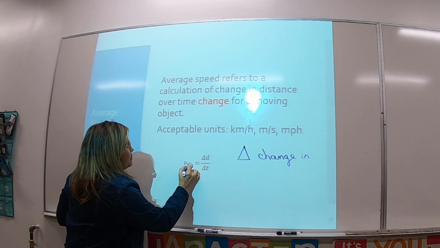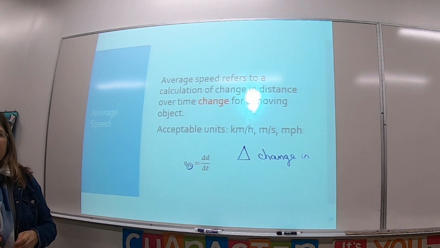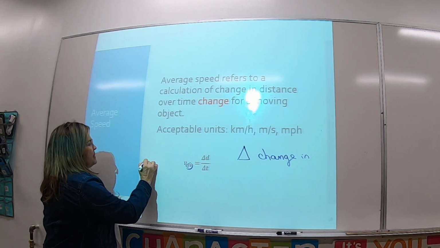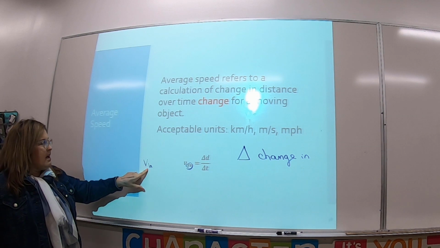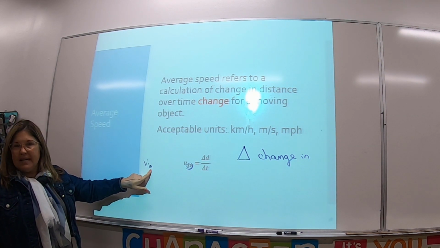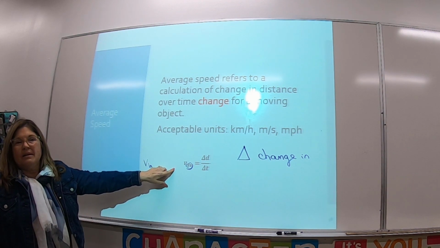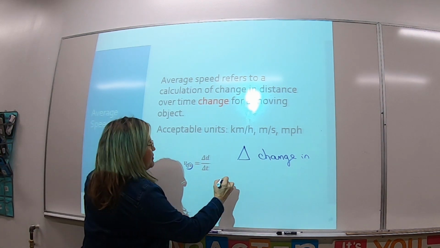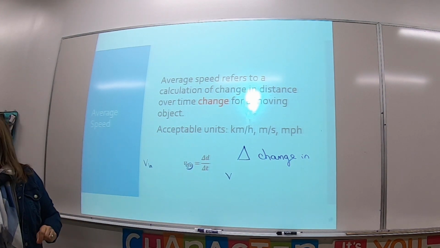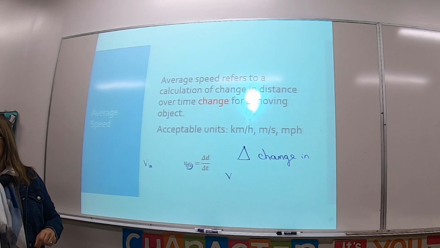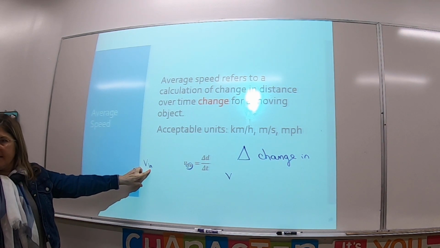Notice here we have v_av, average speed. For instantaneous speed at one particular moment in time, it's often v_in. This is your average speed. Also, especially for us, often if you see just the v, that means average speed. You'd have to indicate instantaneous somehow.